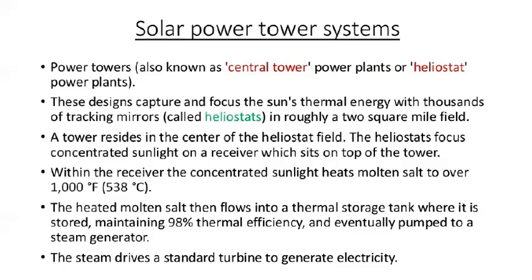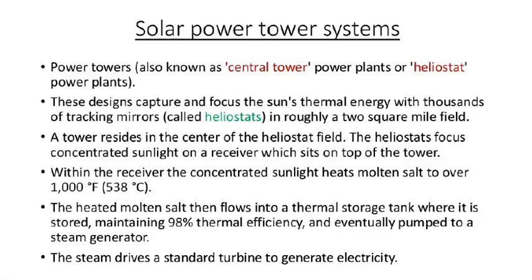These can be designed to capture and focus the sun's thermal energy with thousands of tracking mirrors, also called heliostats, in a roughly 2 square mile field. A tower resides in the center of the heliostat field. The heliostats focus concentrated sunlight on a receiver which sits on top of the tower.